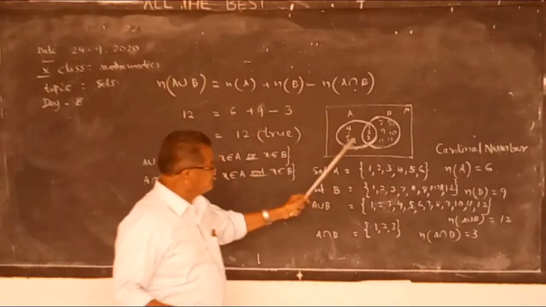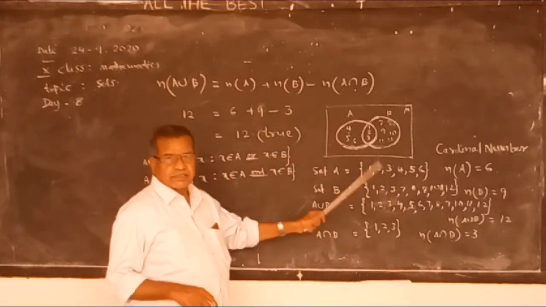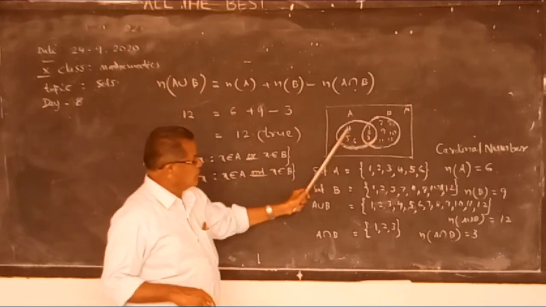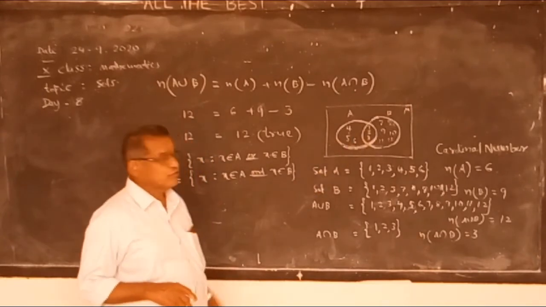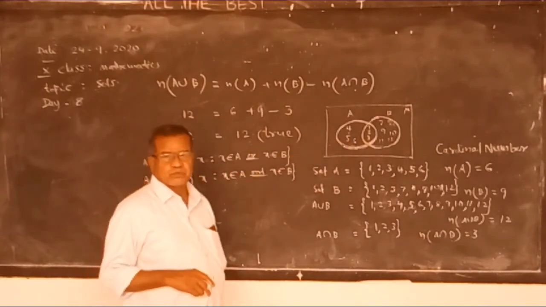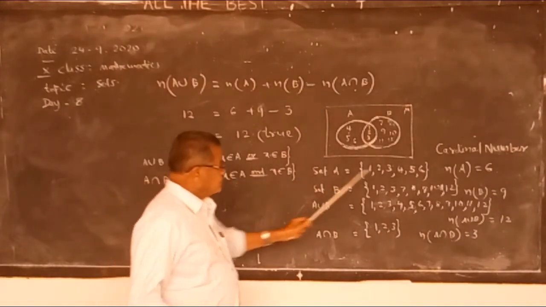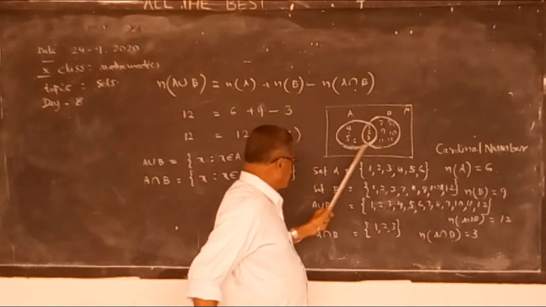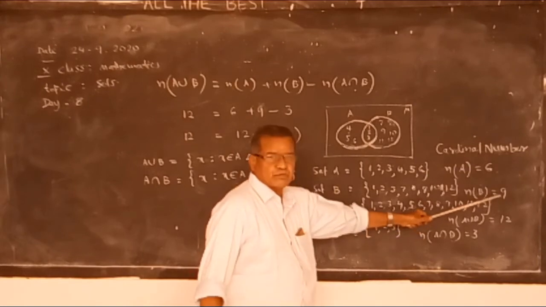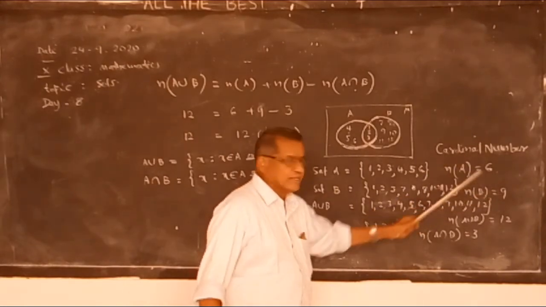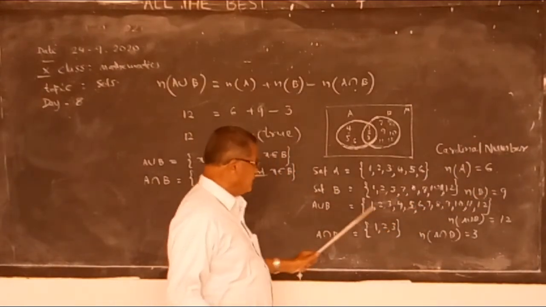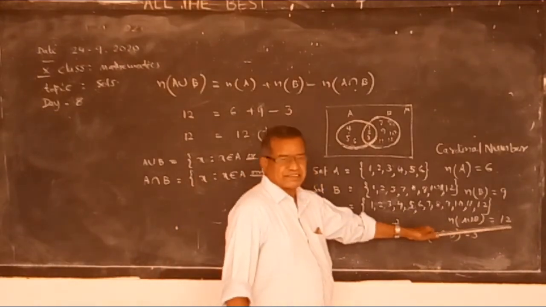This is the reason. I think you might have understood this point. Why are we writing minus? Actually in set A, 6 elements. In set B, 9 elements. Total elements are 15. But in A union B we are getting only 12 elements.